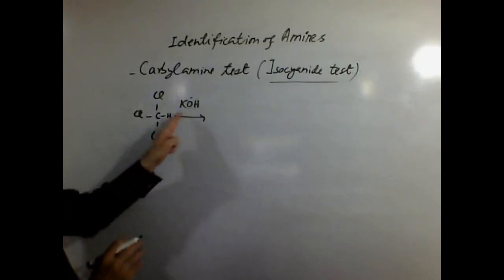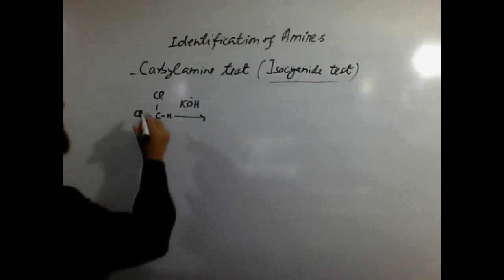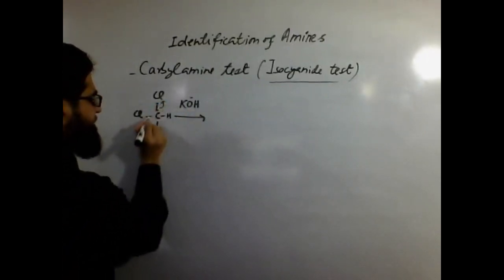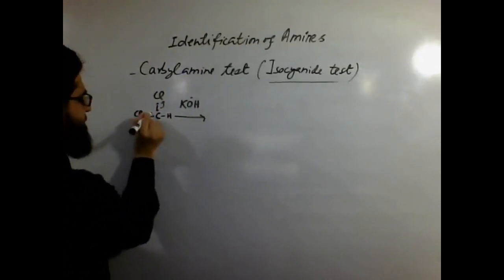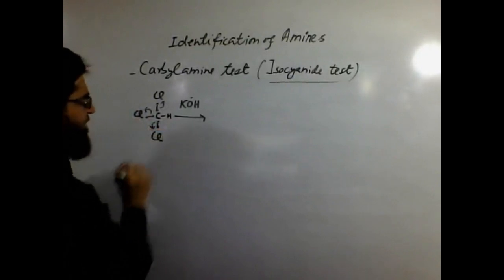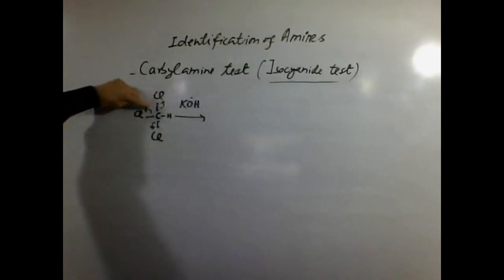However, in this case, there is the presence of the strong base and also the electronegative effect of these three chlorines. As they are more electronegative than the carbon, they pull the electrons towards chlorine, leaving a positive charge on the carbon.